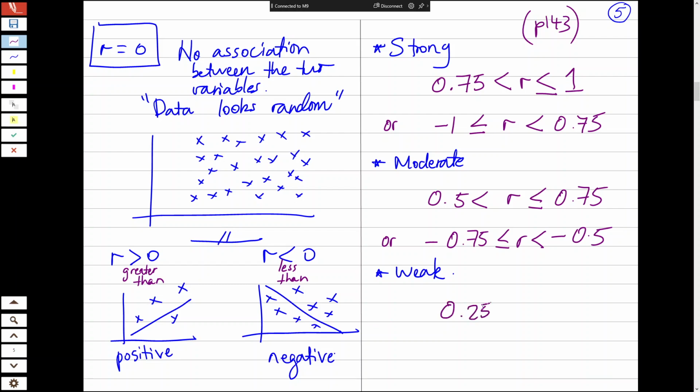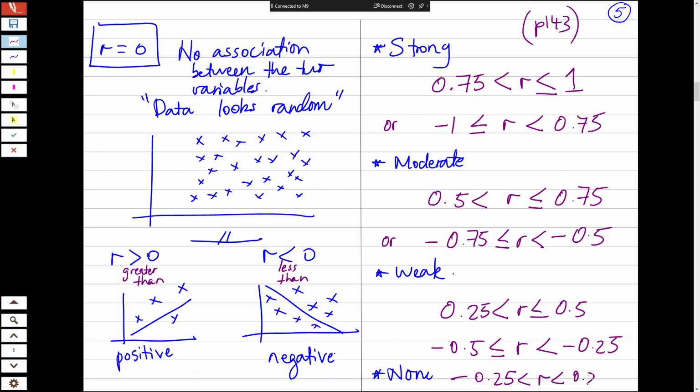If it's between 0.25 and 0.5, or negative 0.5 and negative 0.25, we're going to call that weak. And add one more category, please. If it's between negative 0.25 and 0.25, it's none.